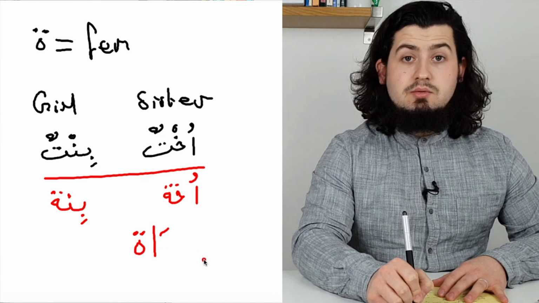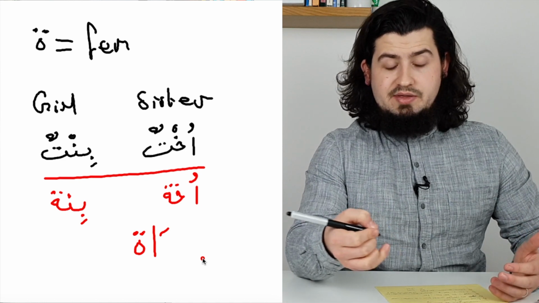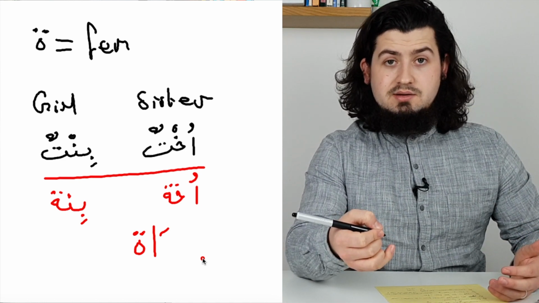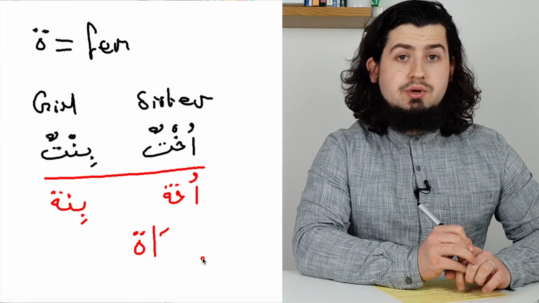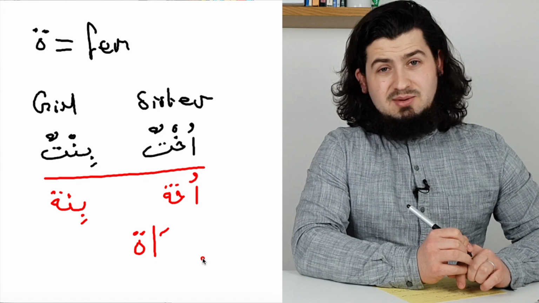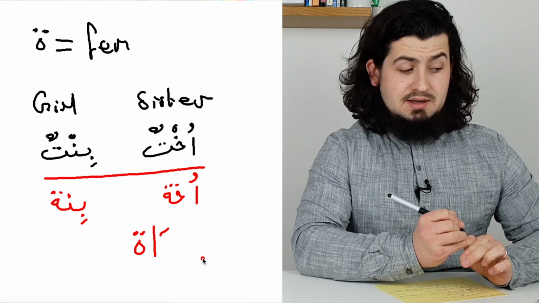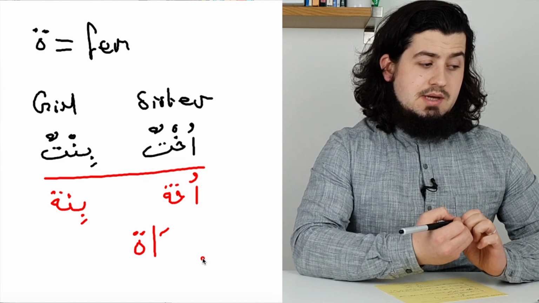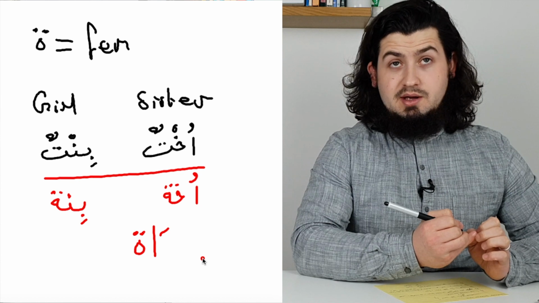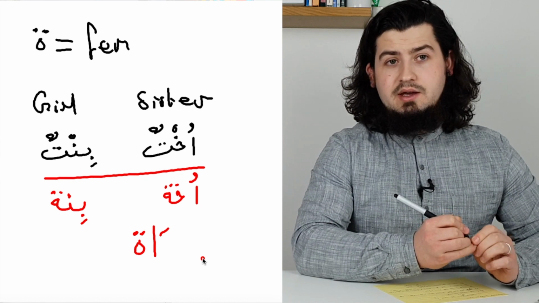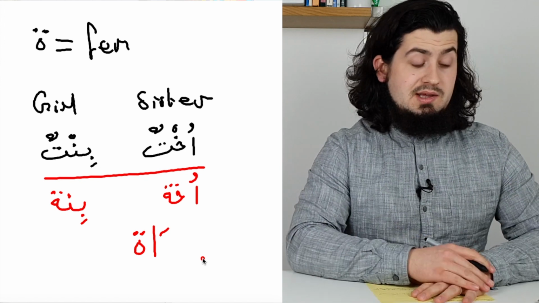So if you were to hear a word like ghurfatun, you have pretty good reason to think that that is a ta marbuta on the end, if there's a fatha before it. But with ukhtun, it couldn't be a ta marbuta. Or with bintun, it just couldn't be a ta marbuta in that case. That's a really common mistake among people who hear a ta on the end of it, know it's feminine, and make the jump to assume that it is a feminine word.